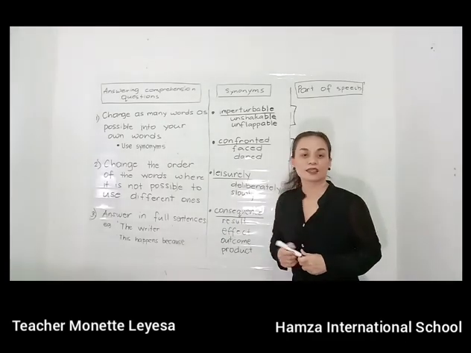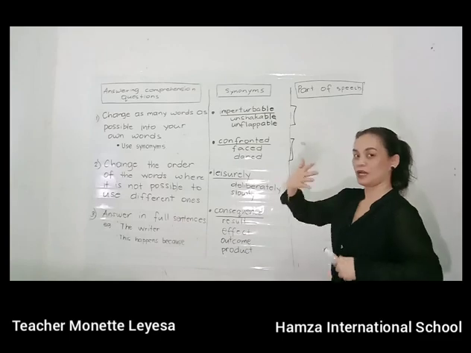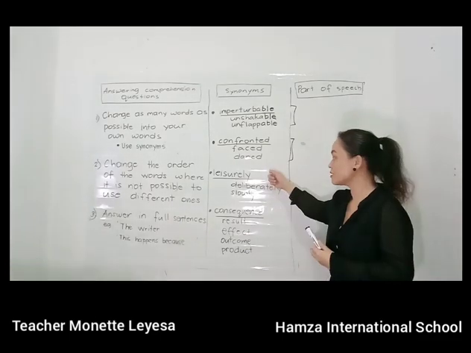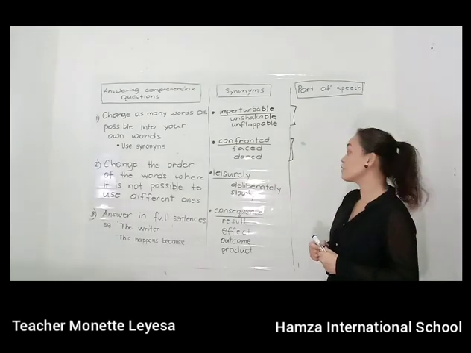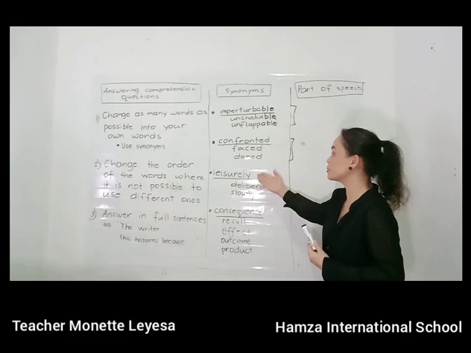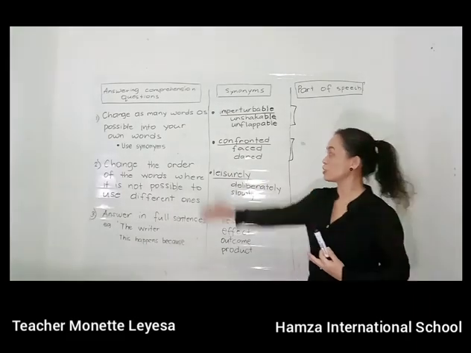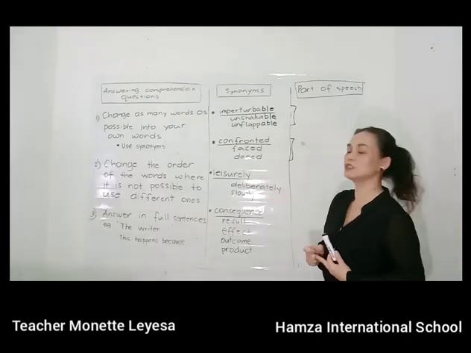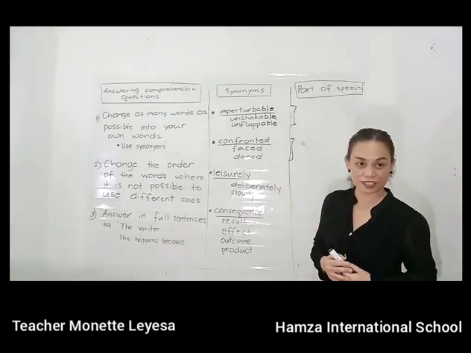Next is leisurely. So, other words which mean the same as leisurely are deliberately or slowly. If I don't want to use the word leisurely, I want to change it so that when I write a certain sentence to the question, I don't want to make use of leisurely, I can use deliberately. I can use slowly, and the meaning is still the same.